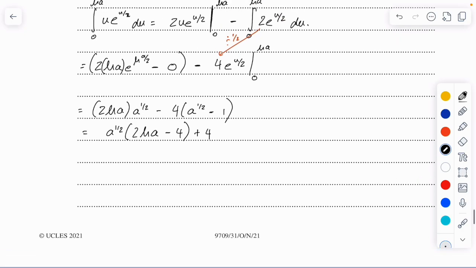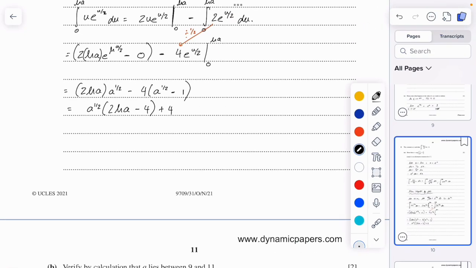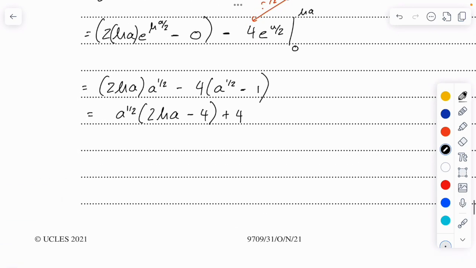We found the integral, the next step is to plug in.